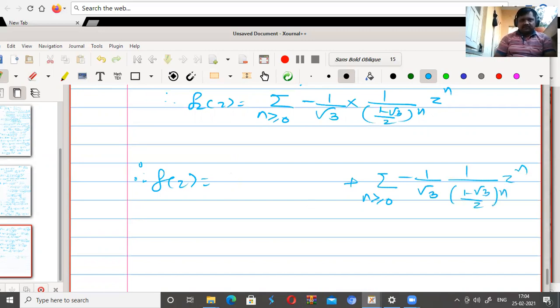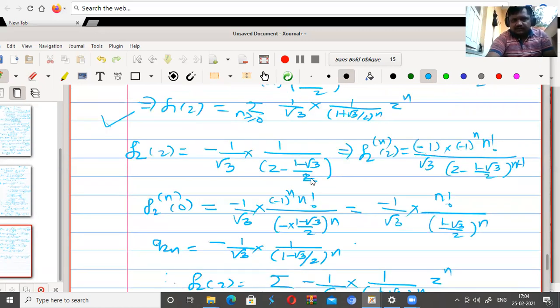And what about here? Summation n greater than or equal to 0, 1 upon root 3, 1 upon 1 plus root 3 by 2 to the power n, right, into z raised to n. This is f1 of z.